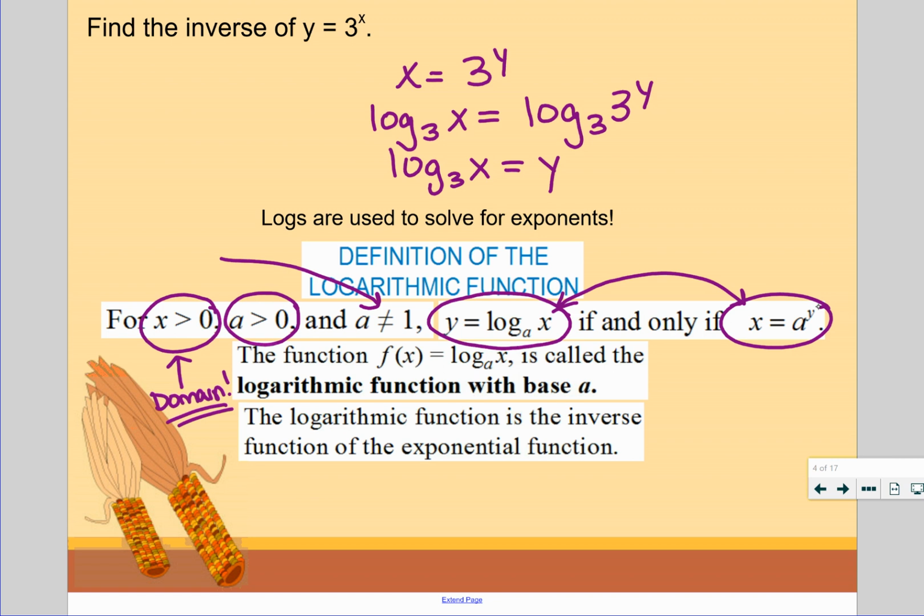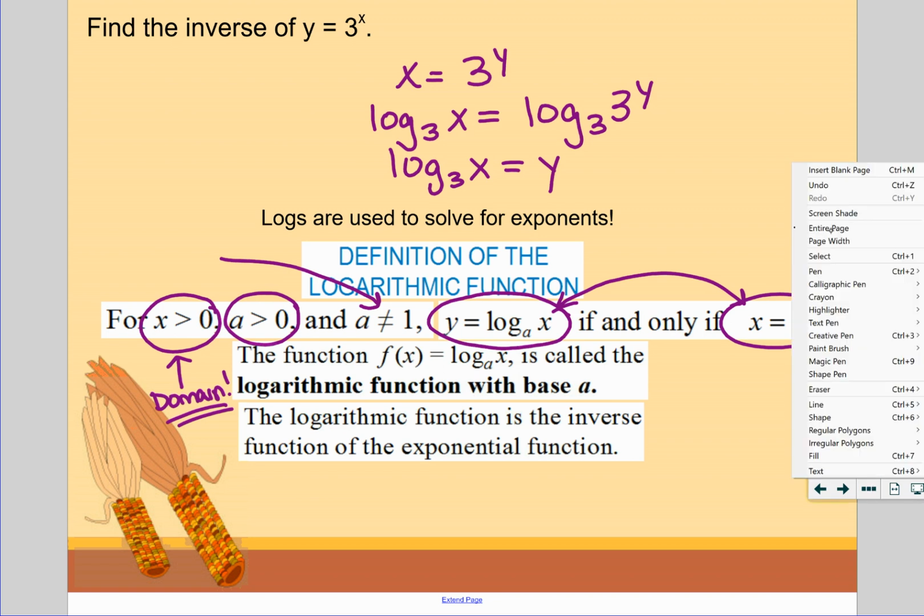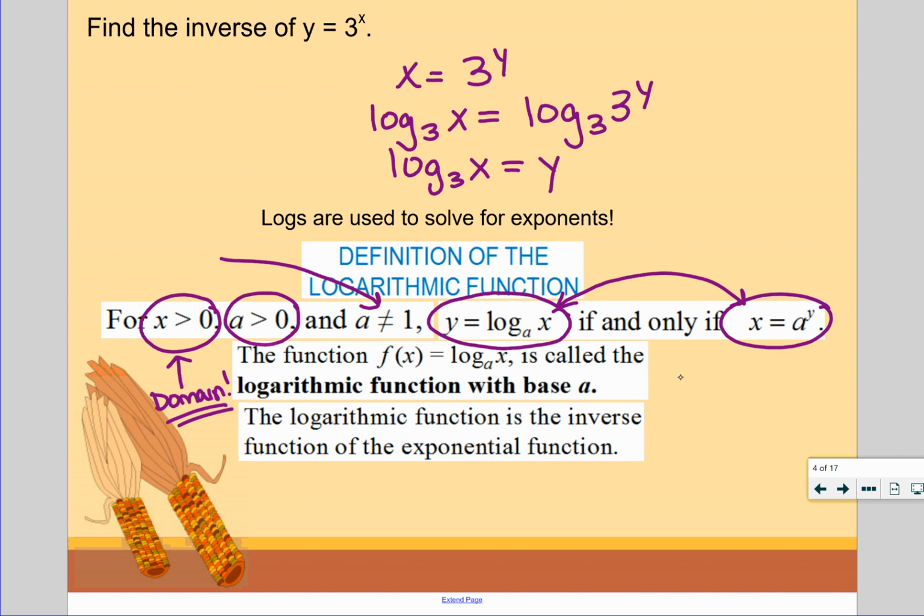Now this is where Ben the log bunny comes into play. Log base b of n equals e, b to the e equals n.